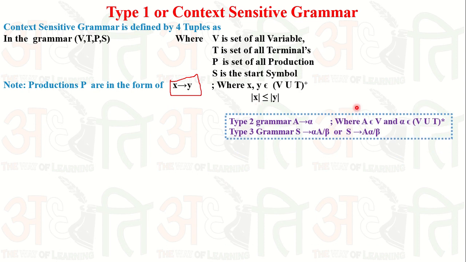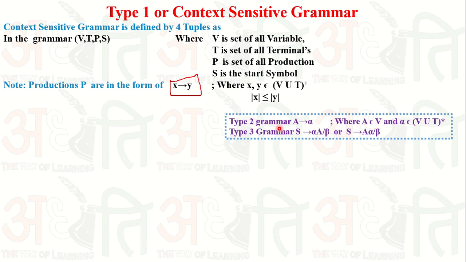Just for recall, I will also write the type 2 and type 3 grammars. Type 3 grammar is known as a regular grammar, which I already discussed in my previous videos. It is in the form S produces aA or S produces a, where S and A are variables and a is a terminal.